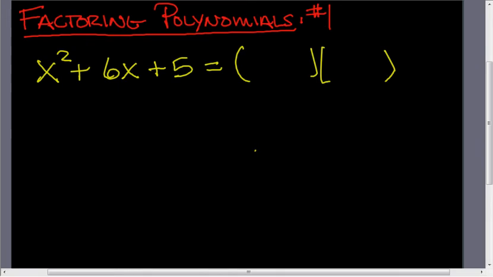So we're going to work backwards, and we're going to remember a couple tricks. This first term is usually made by these first two terms here. And the last term, kind of the same deal. The last term is usually made by multiplying these two together.